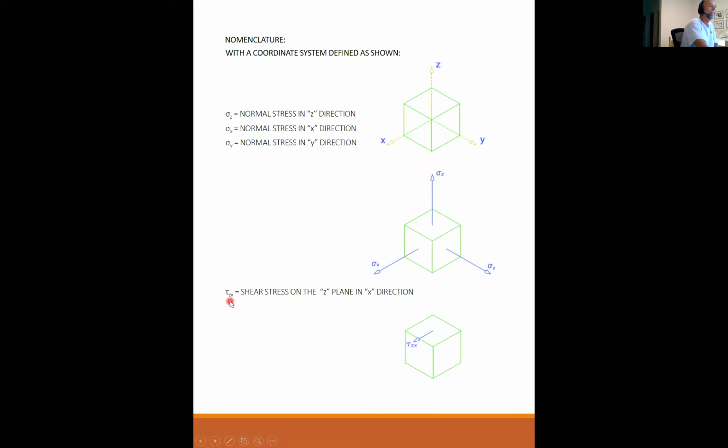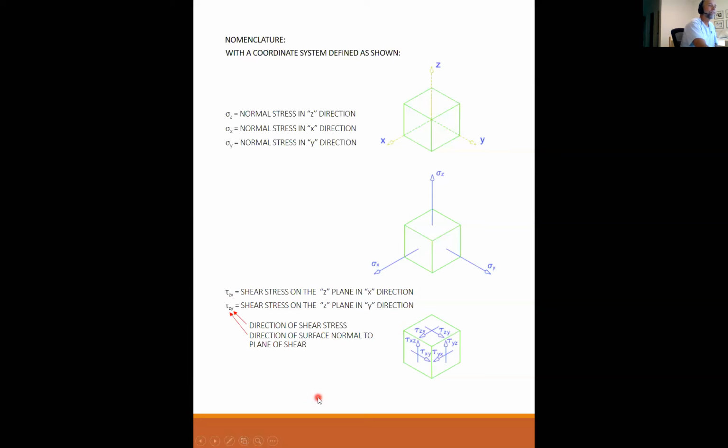So the first subscript, z, is telling you that the shear stress is on this plane, normal to z. And then the x is telling you which direction it's going. It could be either x or y, and this one is going in the x direction. Likewise, you can have zy, which would be going in the y direction. So again, of these two subscripts, the first one is the direction of the surface normal to the plane of shear, and the second is the direction of the shear stress itself.